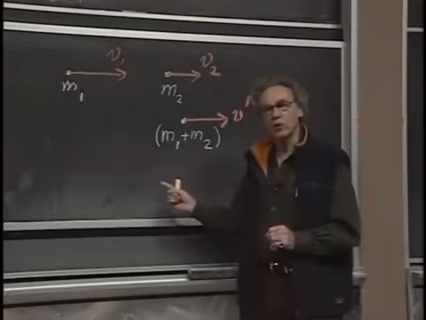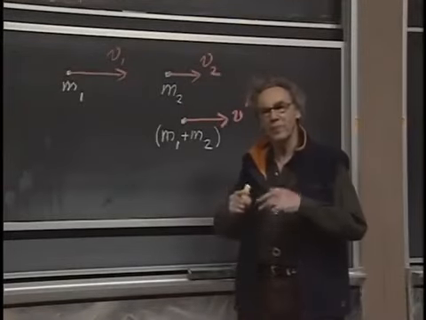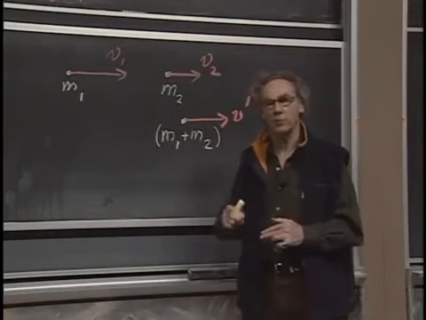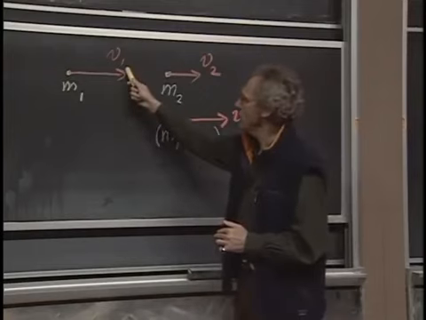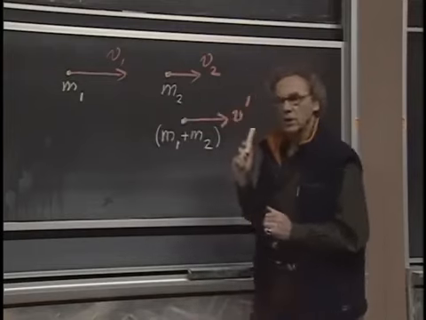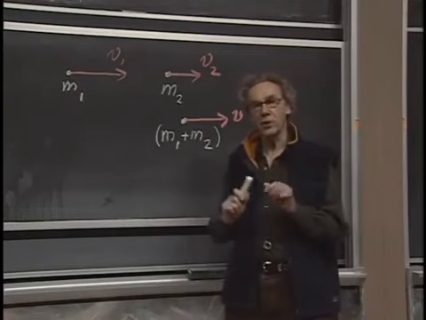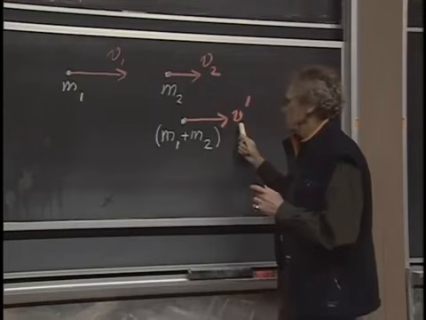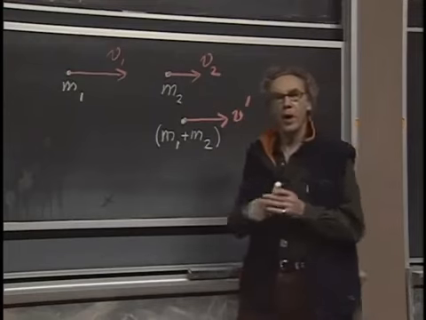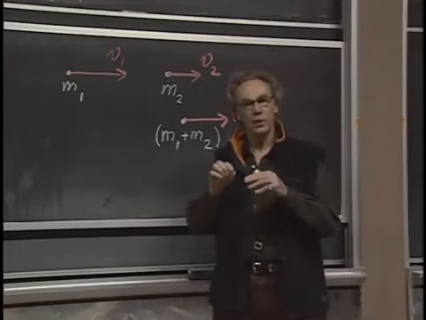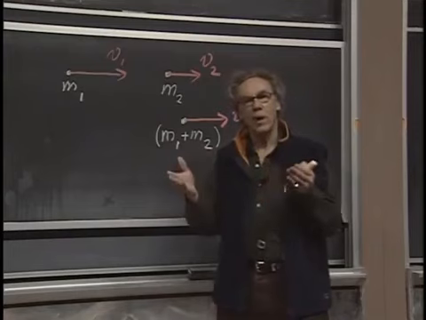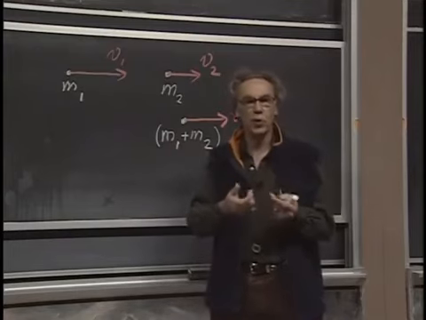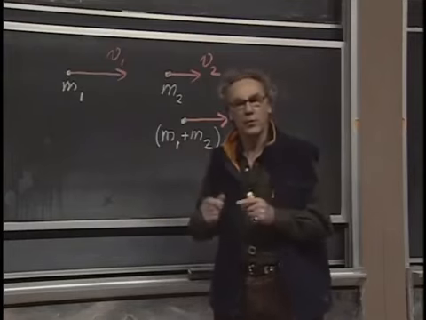When we deal with collisions, the velocities of the objects before the collision are unprimed. You see here v1, and you see here v2. The velocities after the collision, by convention, are primed. You see here a v prime. If after the collision object 1 and object 2 have different velocities, we would call them v1 prime and v2 prime.